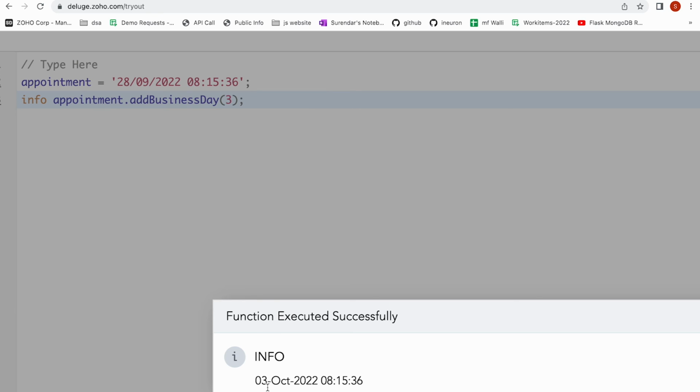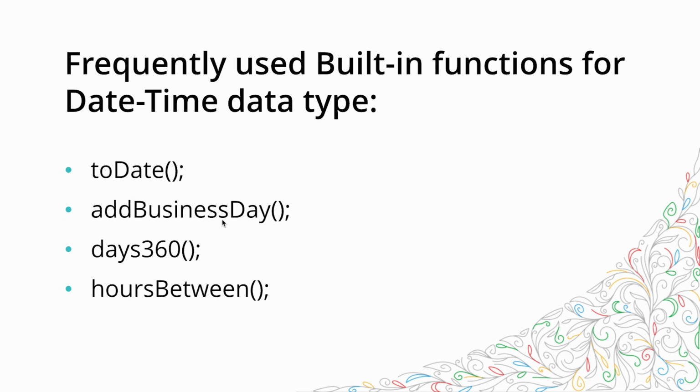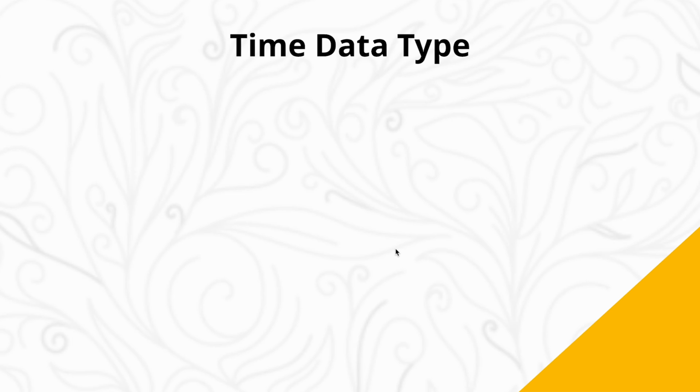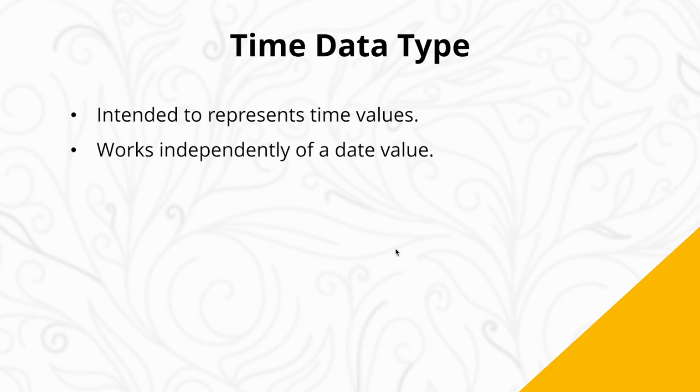These are the inbuilt functions for the date time data type, and the days 360 is used to find the difference between any two given date variables. The time data type is used to represent the time value, and it works independently of the date value, so we don't have to focus our entire calculation on a particular date field.